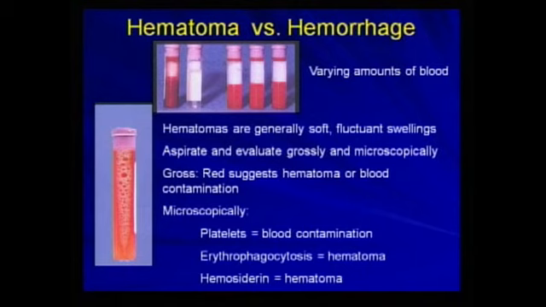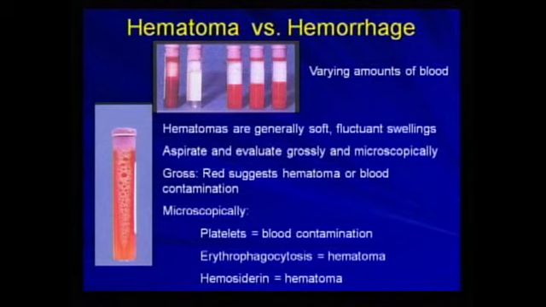If you get the fluid, I strongly recommend, unless it's frank blood, which is up on the top left, that you spin it down, because what you're going to do is concentrate the cells, and it's the cells that will help you determine. And then you decant it. You can put a drop or two of the serum back onto it. You may not have to, and you make your smears from that.